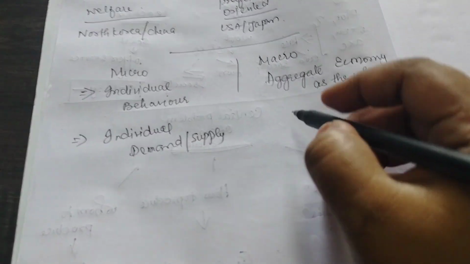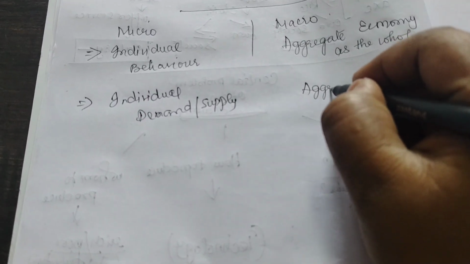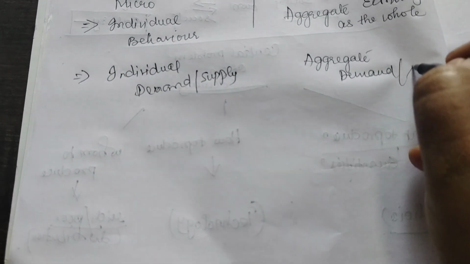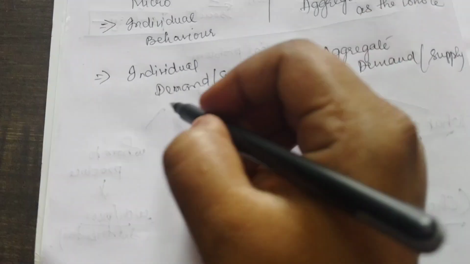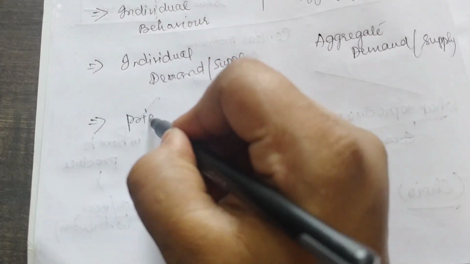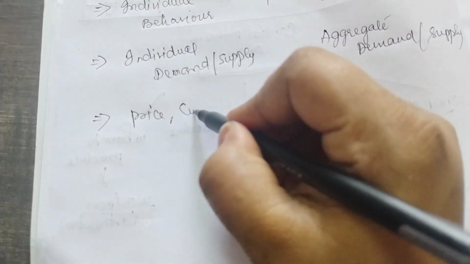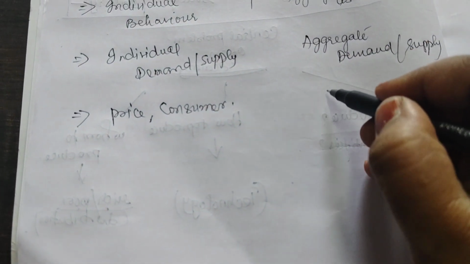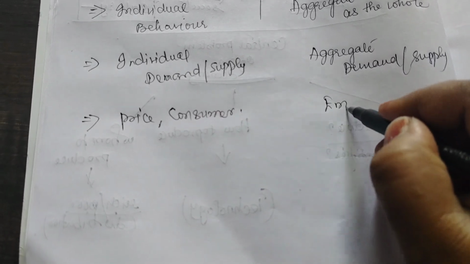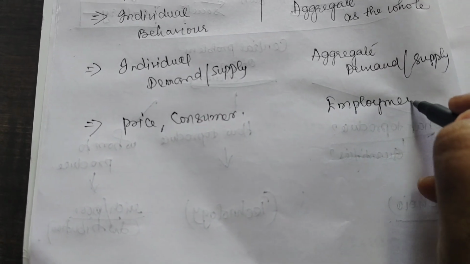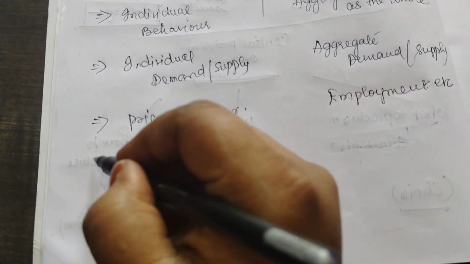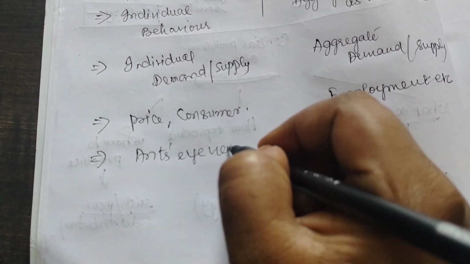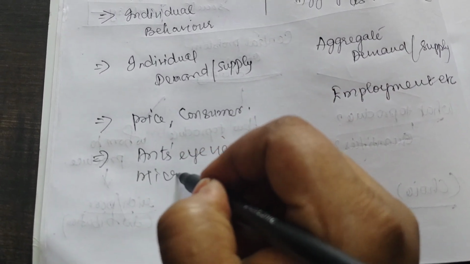In macro we will discuss more on the aggregate demand and supply. In micro we will have the theory related to price, the consumer, etc. But in macro we will discuss the theory related to employment, income, etc. Micro is also called the ant's eye view or microscopic view.